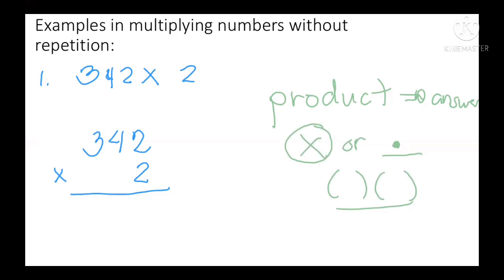Now let's start how to multiply numbers, especially if we have 3-digit numbers by 1-digit number. Let's start with the ones place. So we will multiply this 2 on the ones place. What will be 2 times 2? You can say either times or multiplied by.